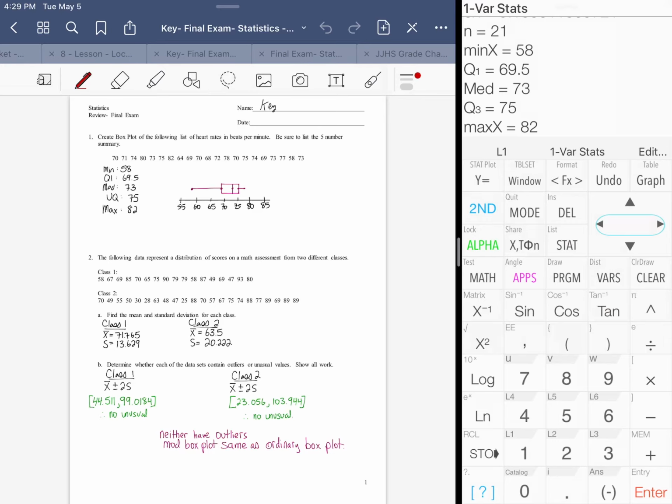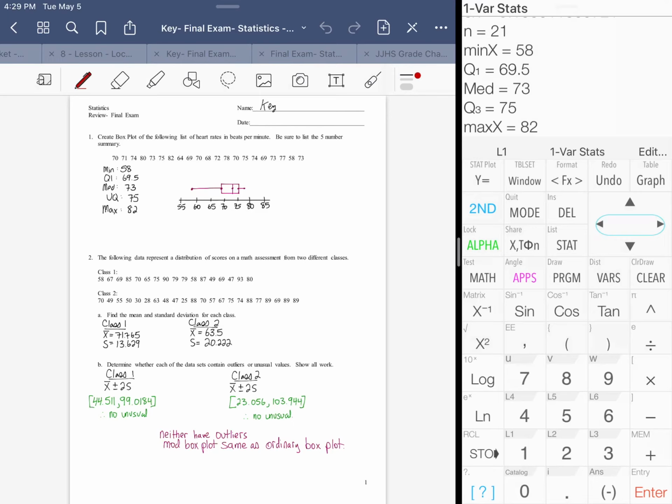What we need is the 5-number summary. So I'm going to hit the down arrow until I get to the 5-number summary, which starts with the minimum, 58, Q1, 69.5, the median, 73, Q3, 75, and the max of 82. And what I do is I create a scale. You see my scale is separated by 5 units for each tick mark.